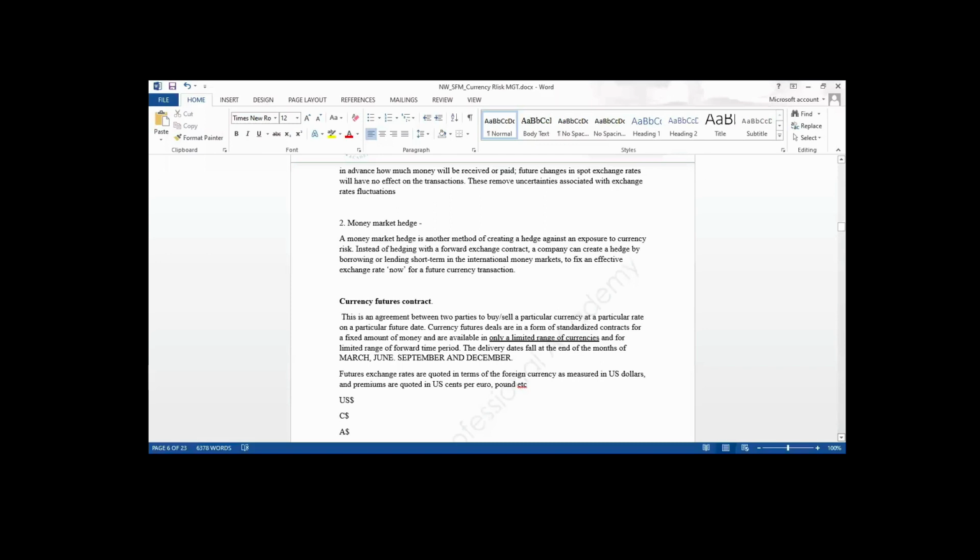The second scenario, I'm expecting inflows in dollars in 3 months' time, and I want to hedge using money markets. What will I do? Those foreign inflows to me are an asset. I will now create a foreign liability in dollars.